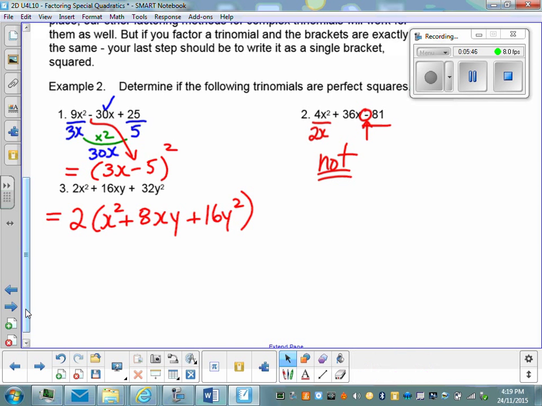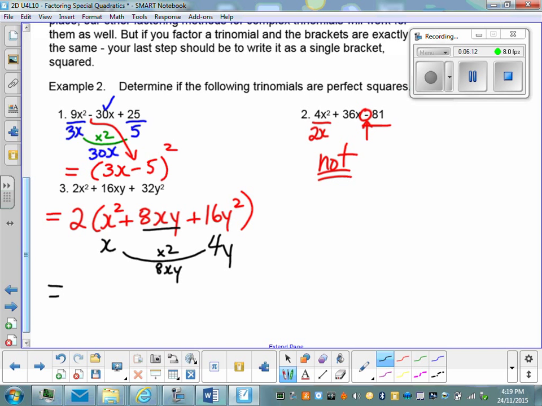So now that I'm looking in the bracket, x squared is a perfect square. The square root of x squared is x. The square root of 16y squared is 4y. And if I multiply these two together and then times that by 2, I get 4xy times 2, and that's 8xy, and that's what I have up above.